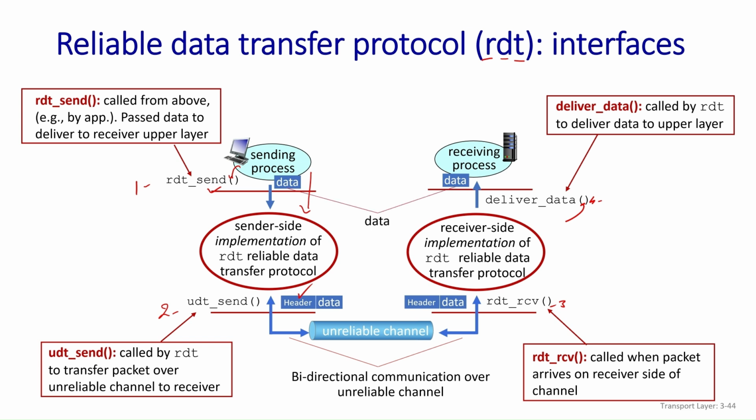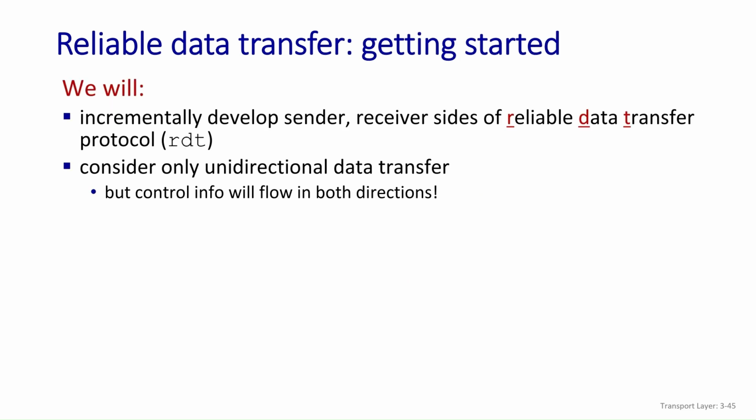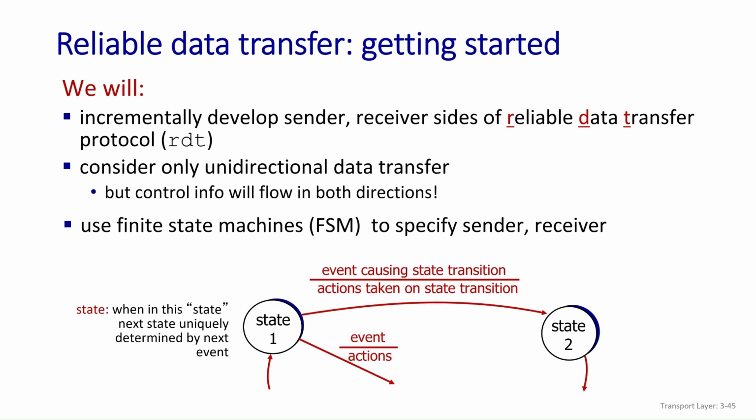Okay, so let me move on. In order to understand the principles of the reliable data transfer mechanism, I'll take help of a finite state machine. We'll use a finite state machine to specify the events and the actions that take place while we are sending and receiving data.